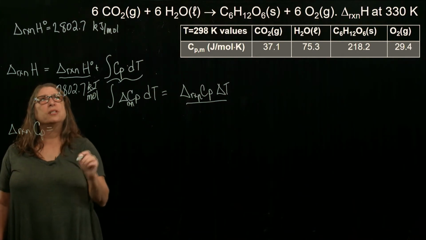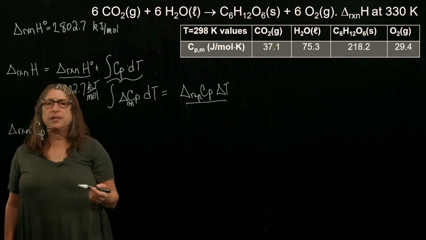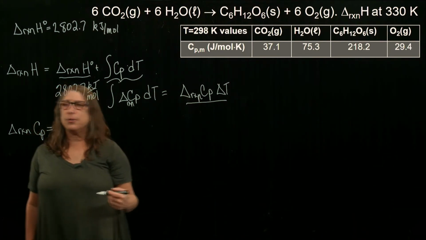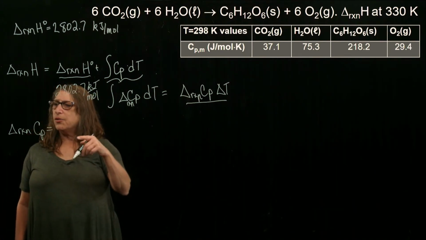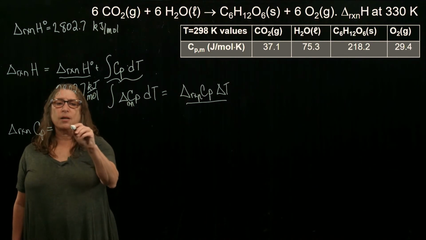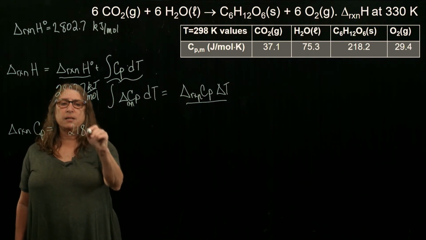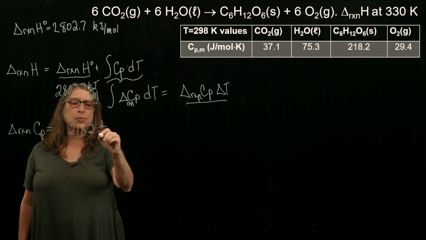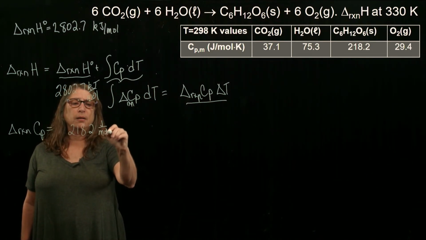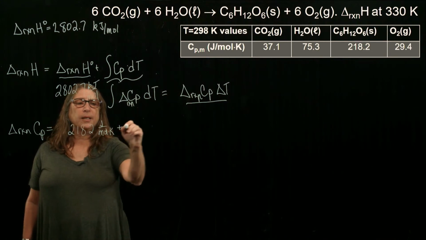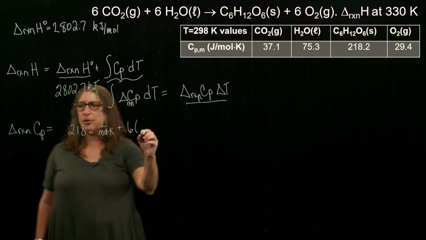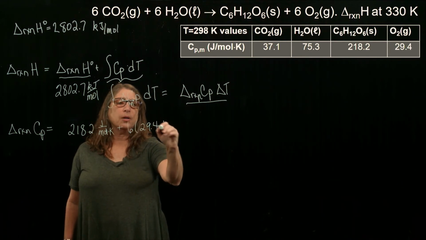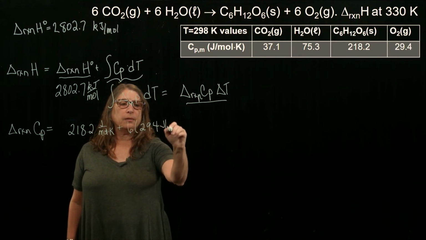And I have to do the same thing I did before. I have to take the values for the products, subtract the values of the reactants. And so the value for the product glucose is 218.2, and the values here are joules per mole Kelvin. And I'm going to add in 6 times the value for oxygen, which is 29.4 joules per mole Kelvin.